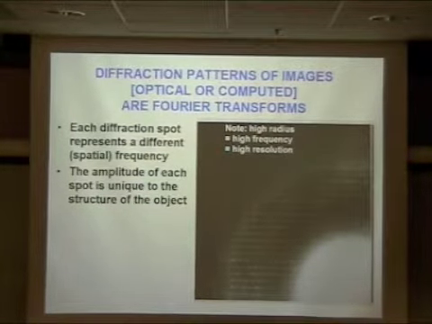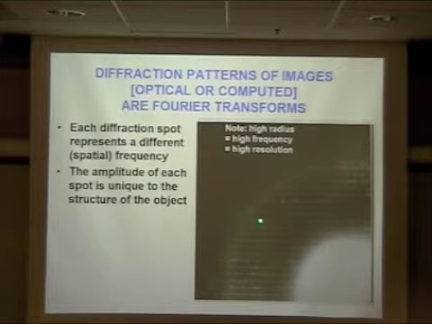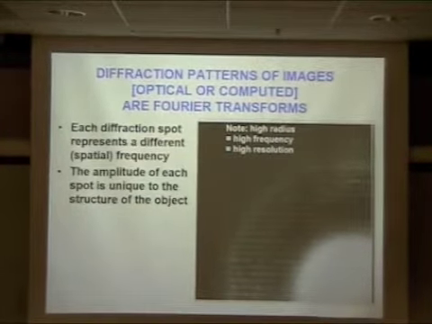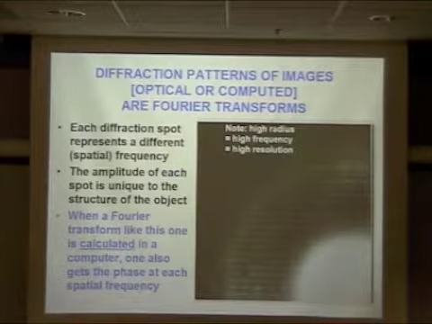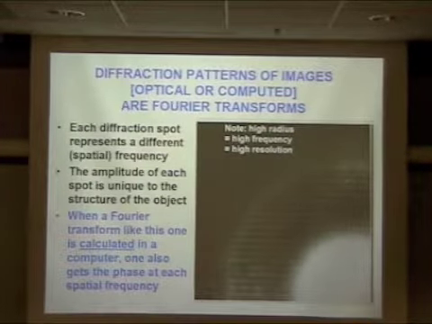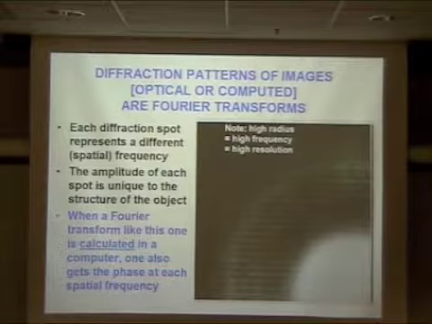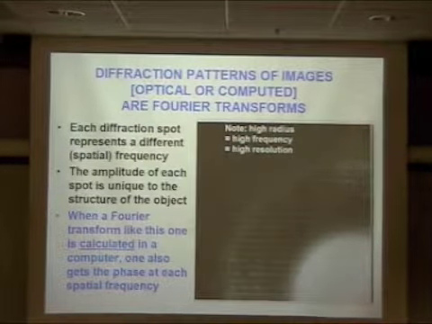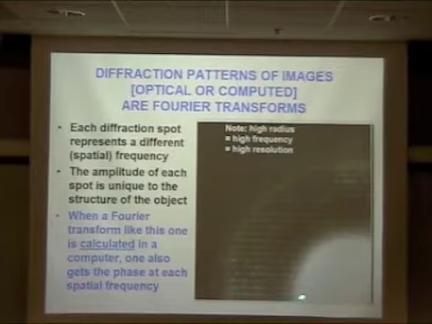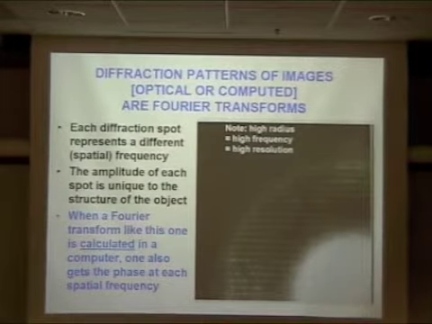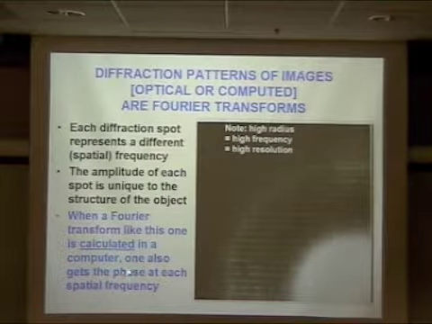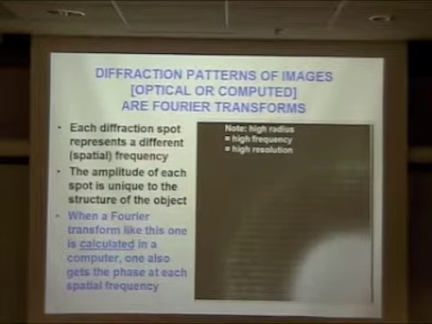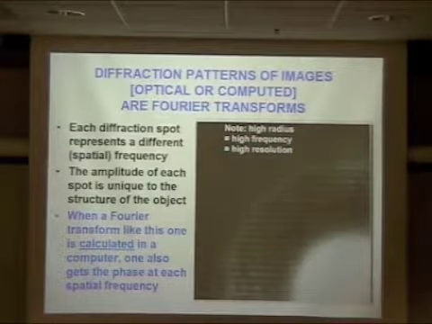And if I go to any particular spatial frequency, the amplitude there is unique to the structure of the object. And of course the phase. That's a point that you hear mentioned over and over again. When such a diffraction pattern is obtained by a calculation in a computer, then you still recover from that calculated Fourier transform the phase at each of the spatial frequencies.